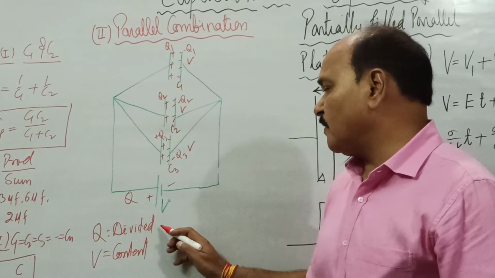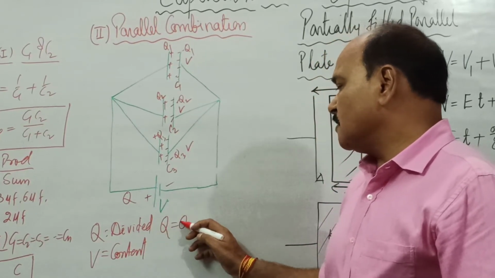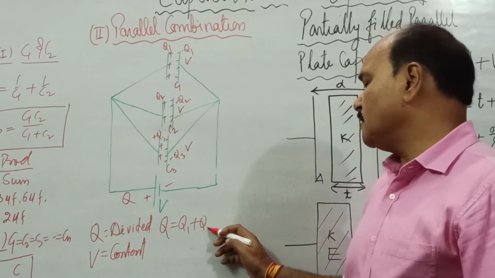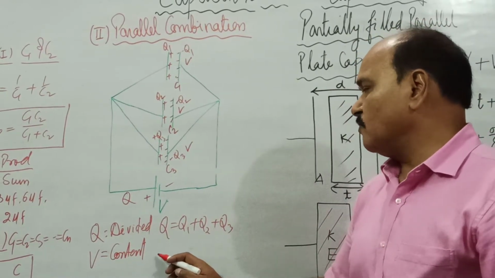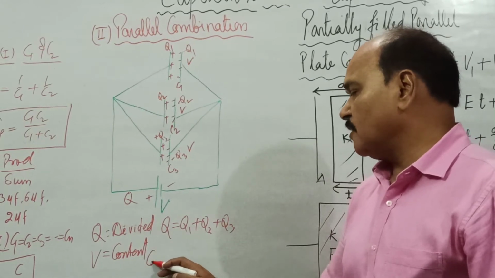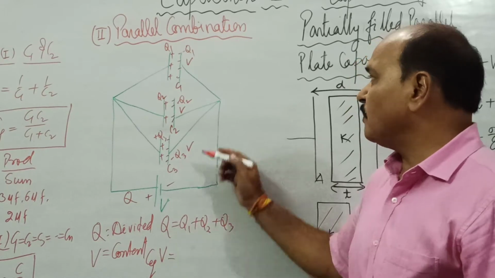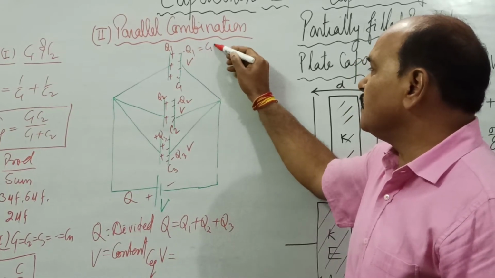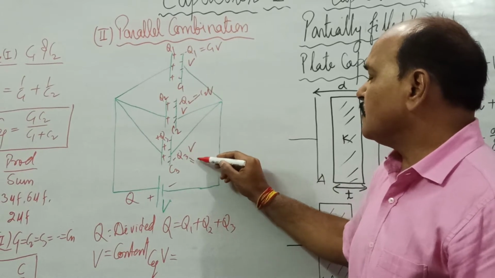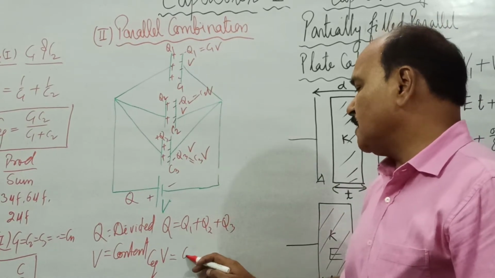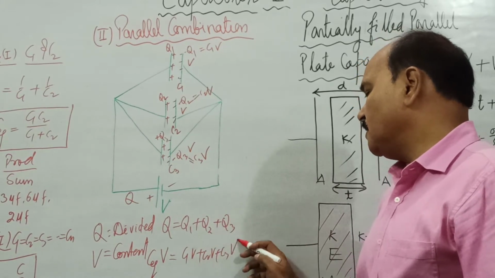Now this Q is divided as Q1 plus Q2 plus Q3. So what is overall charge? Overall charge is going to be overall capacitance, that is equivalent capacitance, into potential difference V. What is Q1? This Q1 is going to be C1 into V. This Q2 is going to be C2 into V. This Q3 is going to be what? C3 into V. So if we write here C1V, this is C2V and this is C3V, then what do we see?